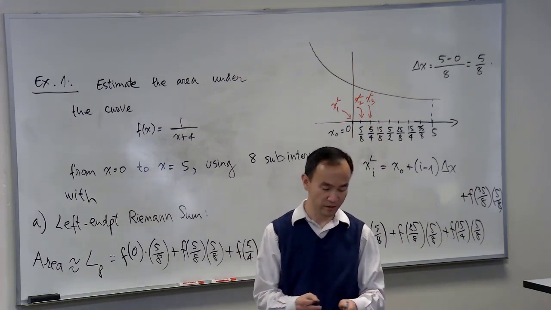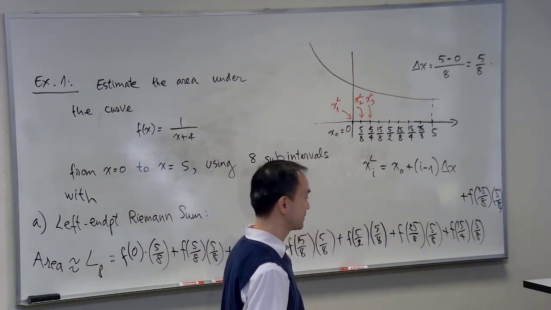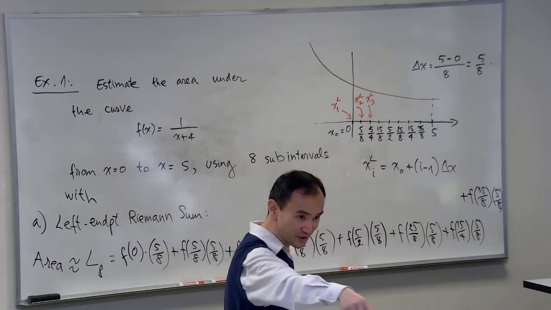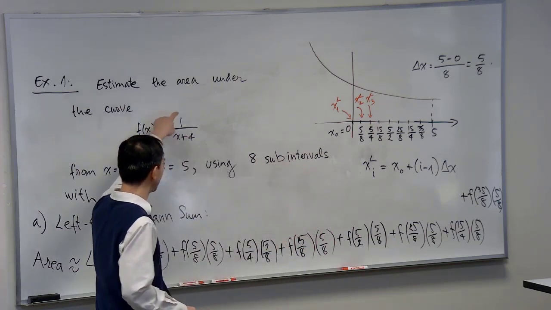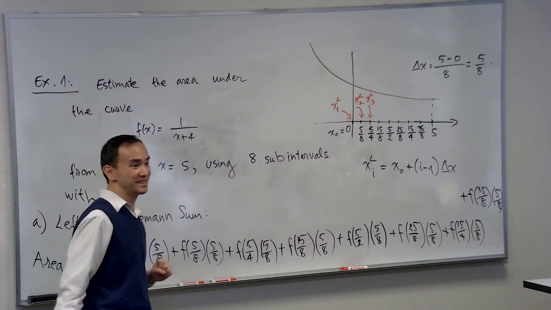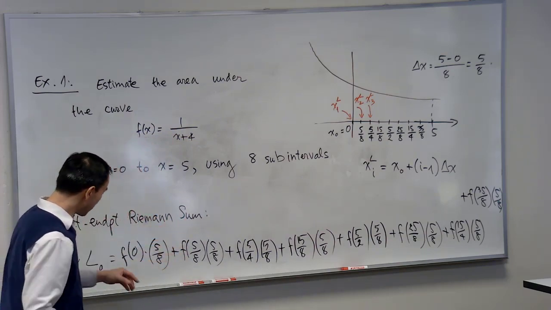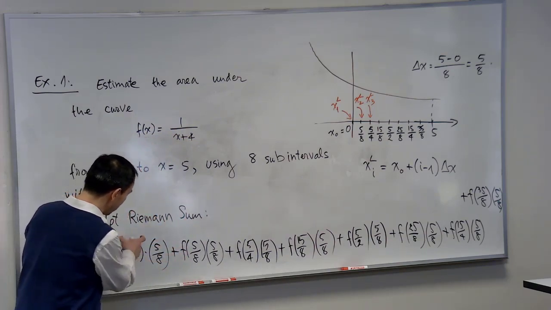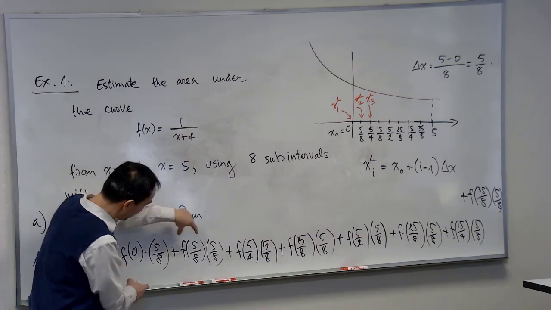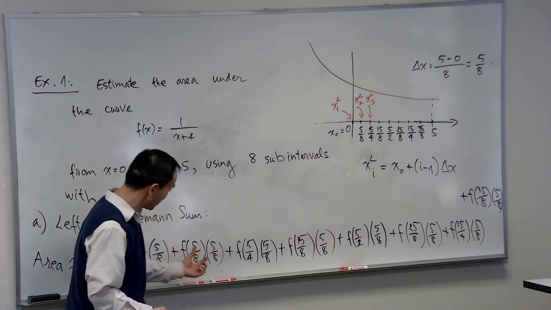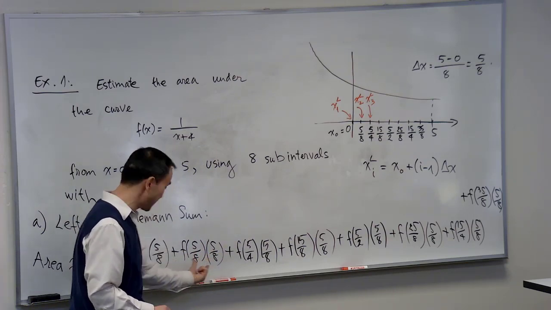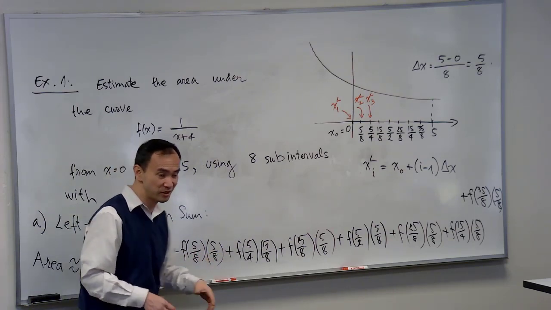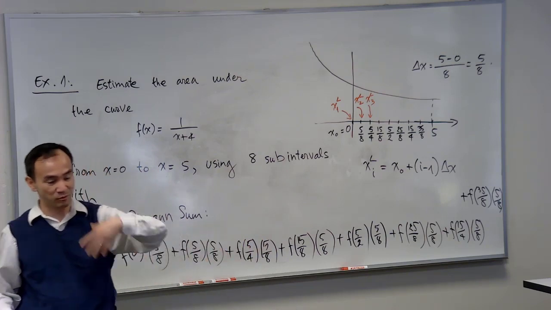So now we're going to do the calculation on top of that. You guys have the calculator. This is the part where you definitely need to help me out. Our function is f(x) equals 1 over (x plus 4). For your real work, you only need to do f of 0 plus f of 5/8 plus f of 5/4, and so on, and after adding, you multiply by the common factor 5/8.